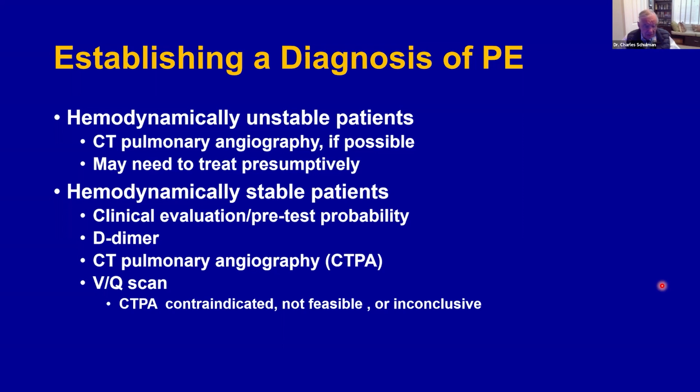Do a D-dimer, and depending on that, move toward a CT pulmonary angiogram. The VQ scan is more difficult to do, but if a CT angio is either contraindicated or not feasible or inconclusive, the VQ scan can be helpful.